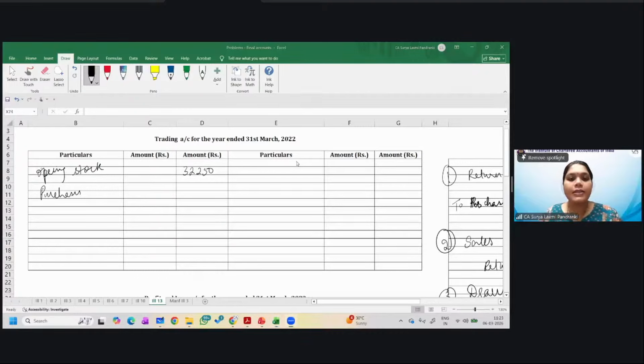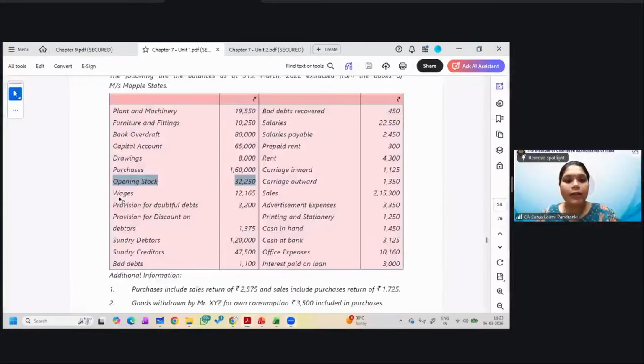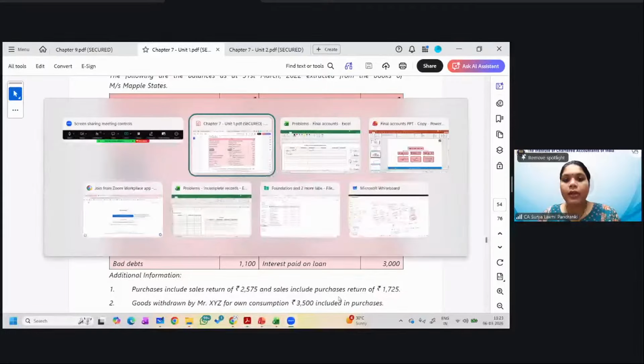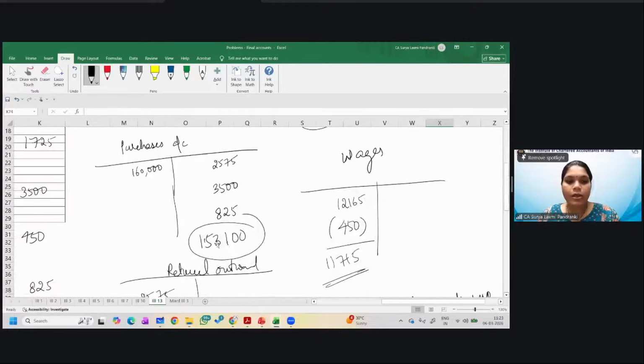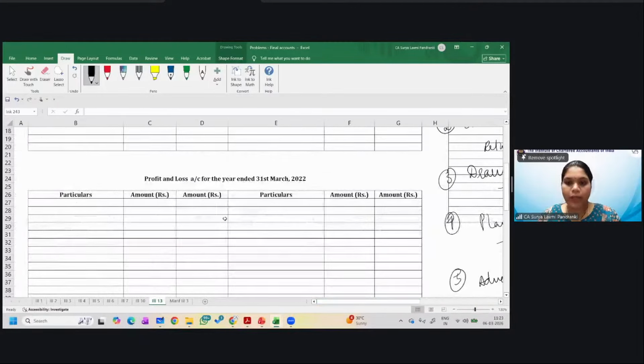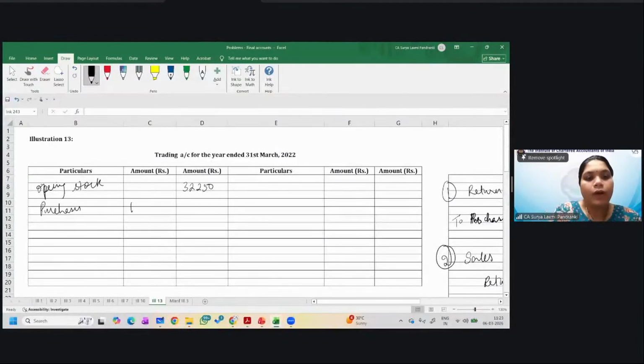Yes. Purchases, you can't take the value from here. This purchases cannot be taken. You'll have to take the purchases from here, whatever adjustments we have done. What is the purchases value? 153,100. So you should take that. 153,100 minus purchase returns. What is the purchase returns value? We have done, no?